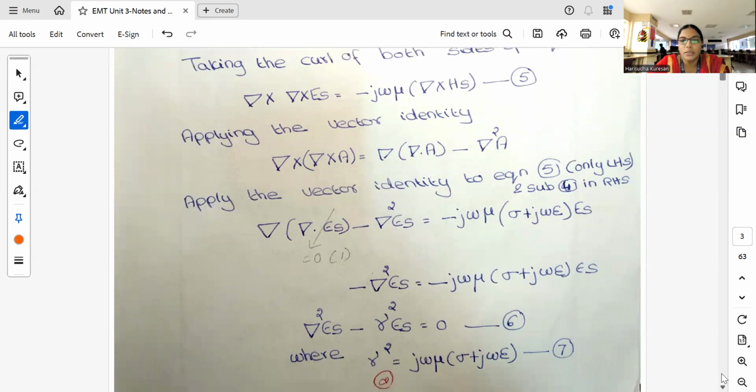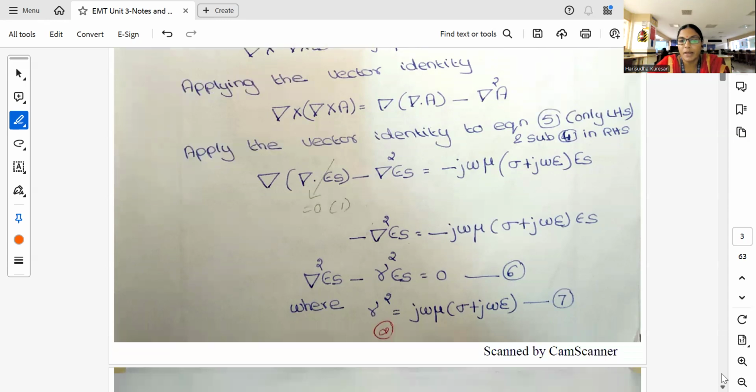Now we know that del square of Es, making the right hand side as gamma square. That is, this term, minus j omega mu sigma plus j omega epsilon, you try to make it as gamma square so that you can simplify the equation. Therefore, both the sides have a minus sign, so you can cancel out that minus sign.